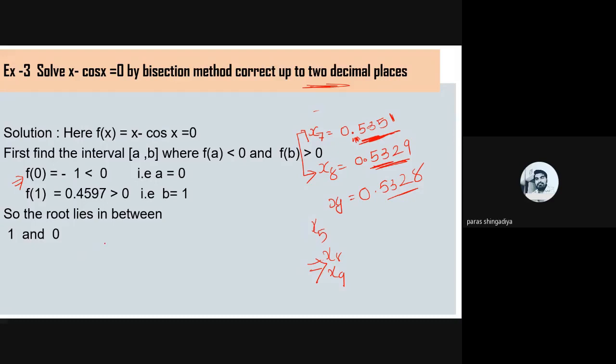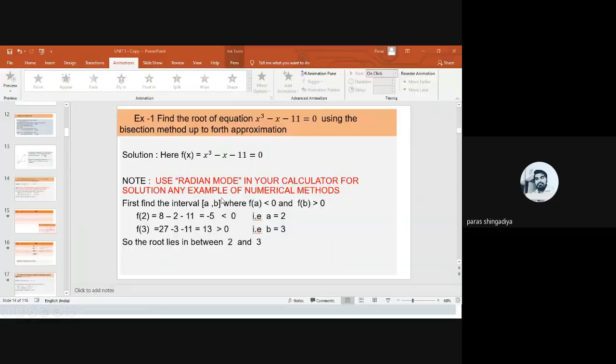You can easily check that the function is x minus cos x. Replace 0 there, so 0 minus cos 0, and cos 0 is 1, so the output is 0 minus 1, equal to -1. So it is negative. Now check f of 1, that will be 1 minus cos 1. Consider radian mode in your calculator first, and then check the answer.